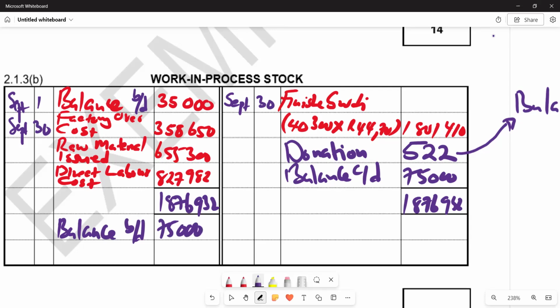The date that we put here is the next date of the following period, which is October 1. So these are the columns there. This September 30 applies to all that follows until the balance CD September 30. Here, that's why we only have September 1 for the opening balance. Then the other entries are at the end of the period again, which is September 30. Then the BD now will be for the following period, which is October 1.